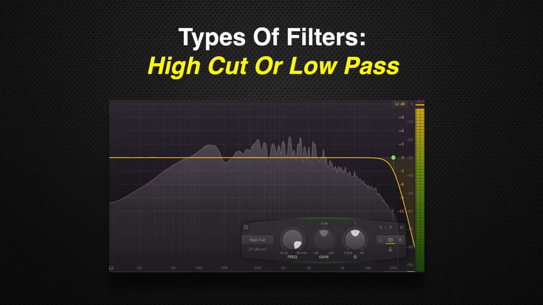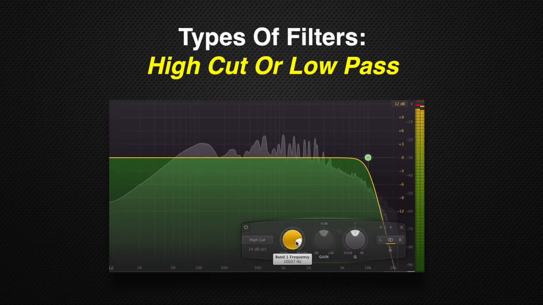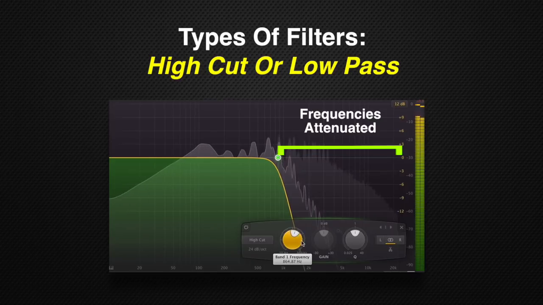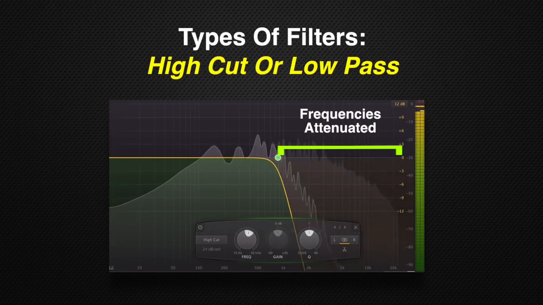Next is the high cut or low pass filter. The low pass filter only lets the lower frequencies through and attenuates frequencies before the frequency that you have selected.